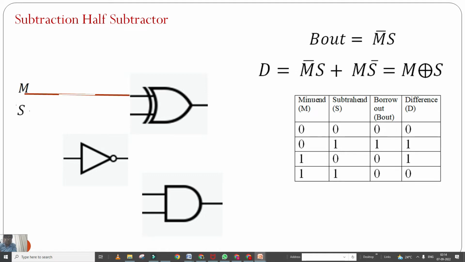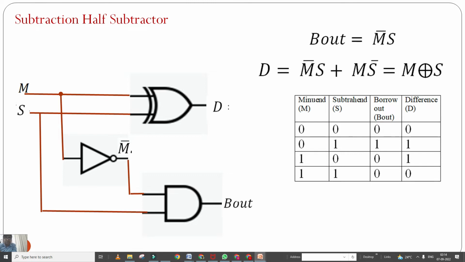Suppose M and S are the two inputs, so we connect the XOR in this fashion, and m bar is connected with the AND gate, and the other input terminal of the AND gate is connected with S. So the output is B out, which is m bar s. This is called the half subtractor because the previous borrow is not considered.